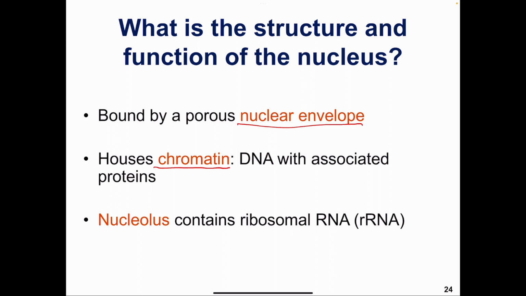Chromatin can condense and form chromosomes. Now, beyond that, you do have the nucleolus. The nucleolus is a dense part of the nucleus where ribosomal RNA is going to be produced. This is also where ribosomes start their assembly. The assembly is not completed there, but it starts there.